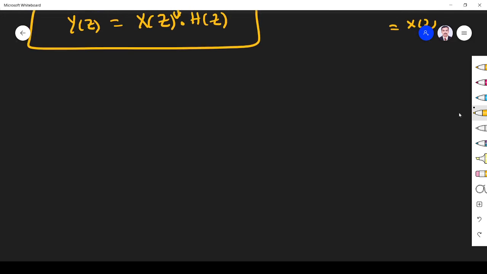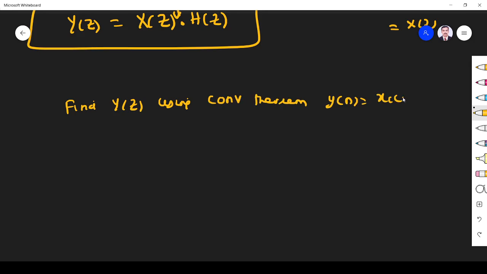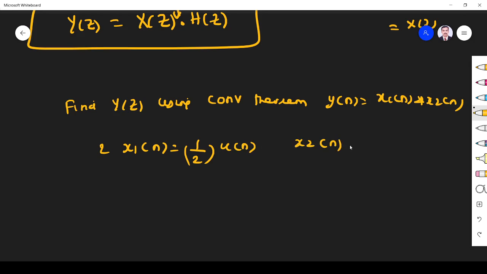Okay, let us solve some example problems. Try to find Y of z using the convolution theorem, where y of n is equal to x1 of n star x2 of n, and x1 of n is equal to 1 by 2 to the power n u of n, and x2 of n is equal to 1 by 3 to the power n u of n.